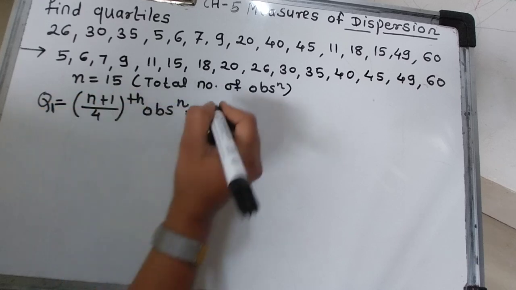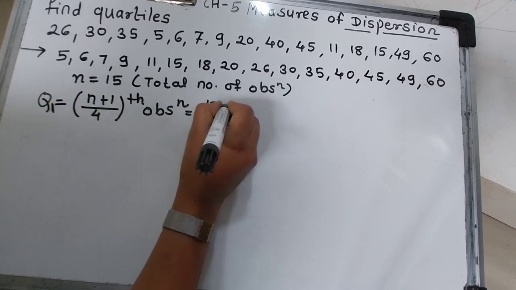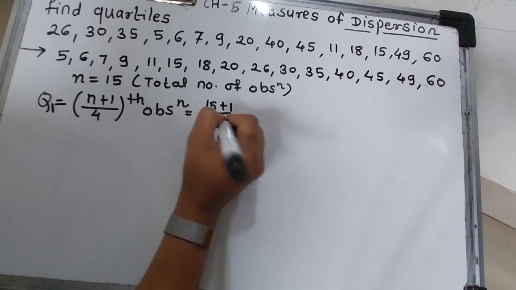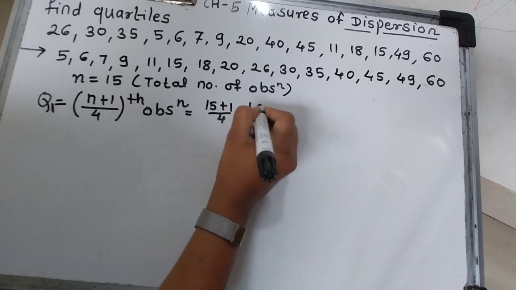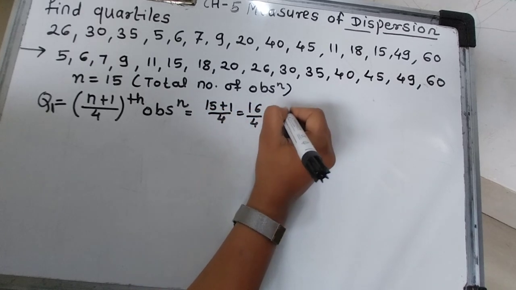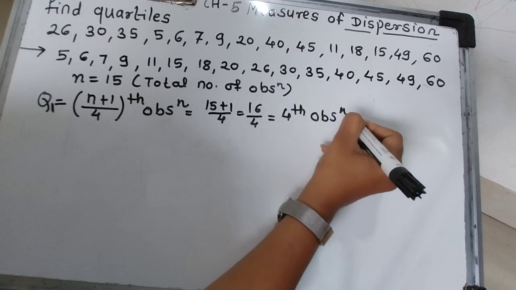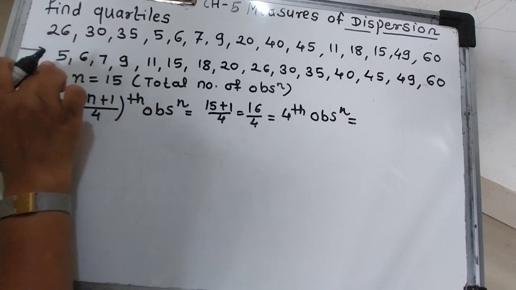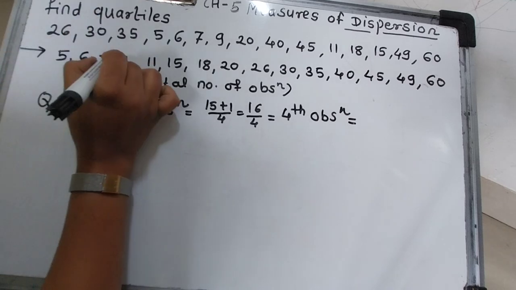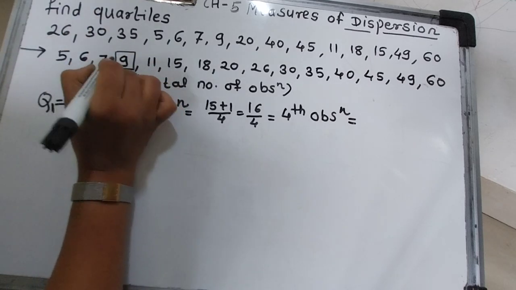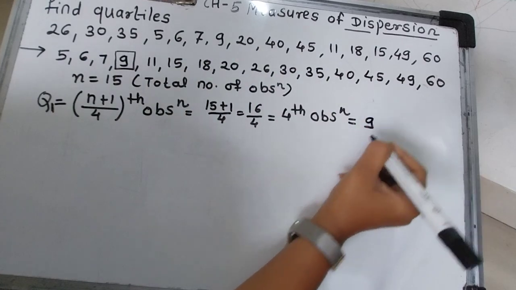N plus 1 means 15 plus 1 divided by 4. So it is 16 upon 4, the fourth observation. The fourth observation is the Q1.